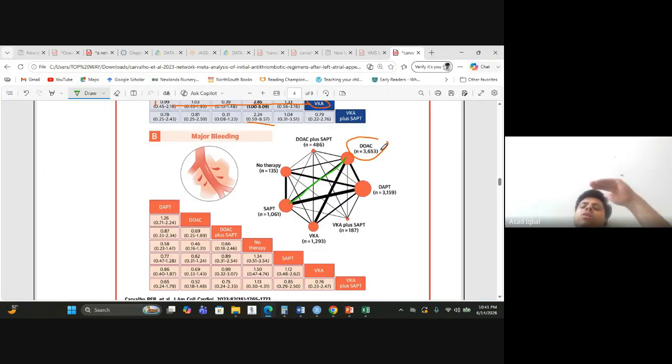So DOAC versus SCPT, we have some studies comparing these two. Also we have some studies comparing these two. It's like A, B, and C. If some studies compare A and B, and some studies compare A and C, can we have an indirect comparison, which we get from the direct comparisons?